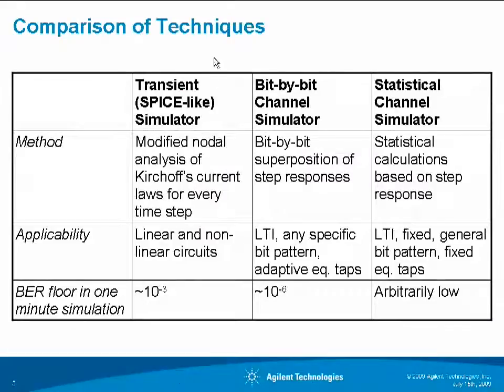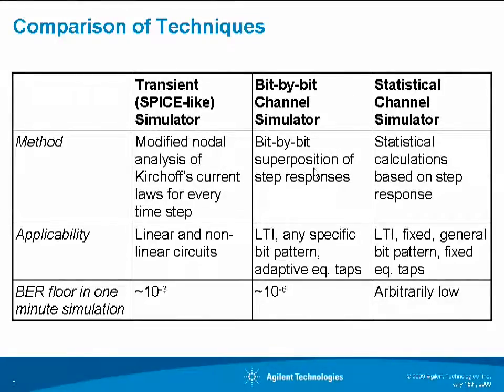Here's a comparison of the techniques I discussed in the previous slide: SPICE-like simulation, bit-by-bit channel simulation and statistical channel simulation. This first row compares the methods. SPICE uses modified nodal analysis of Kirchhoff's current law for every time step in every bit. It's quite expensive computationally.